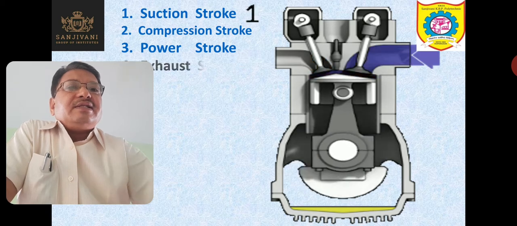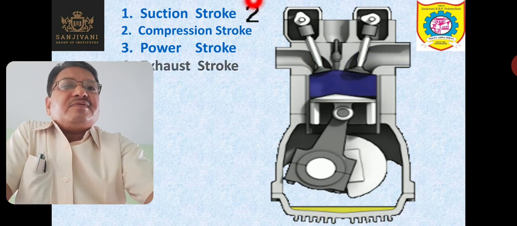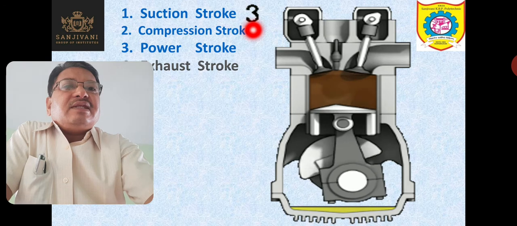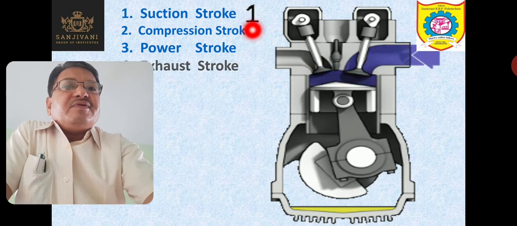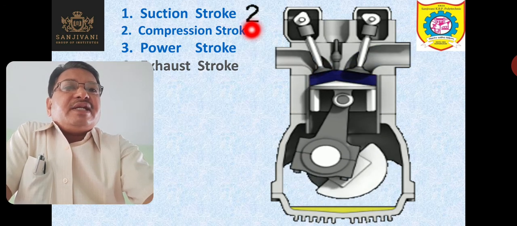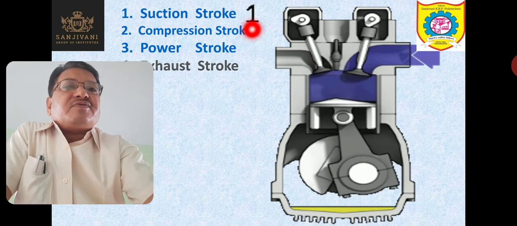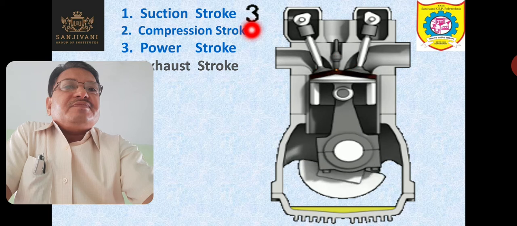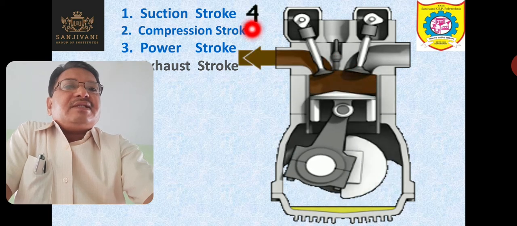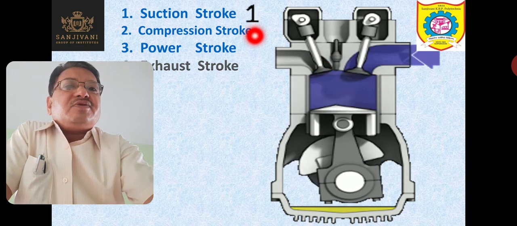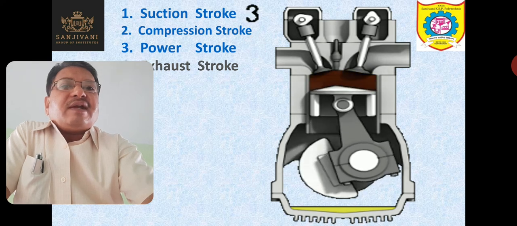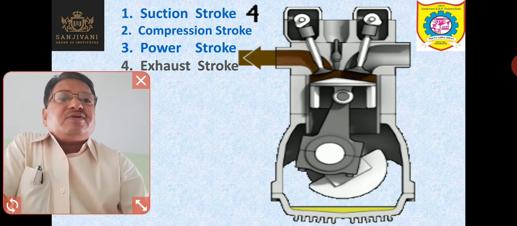Here you can see 1, 2, 3, 4. So 1 indicates the suction stroke, 2 indicates the compression stroke, 3 indicates the power stroke, and 4 the exhaust stroke. So once again, 1 means suction stroke, 2 is compression stroke, 3 is power stroke, and 4 is nothing but the exhaust stroke.